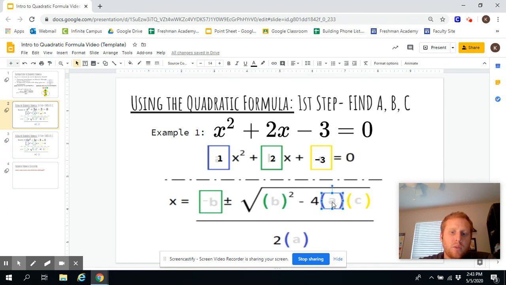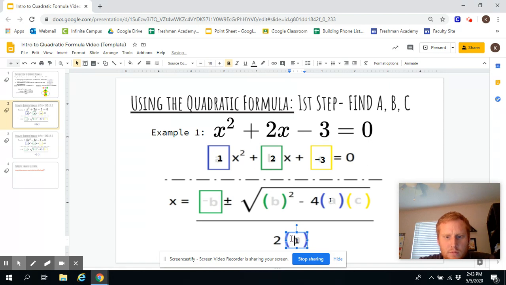So there's a's right here and right here. So what we're going to do is plug in our blue, which is 1. That's our a. So we have 1 and 1. Then we take our -3, which is our c. We only have one c, so we'll do -3 here.